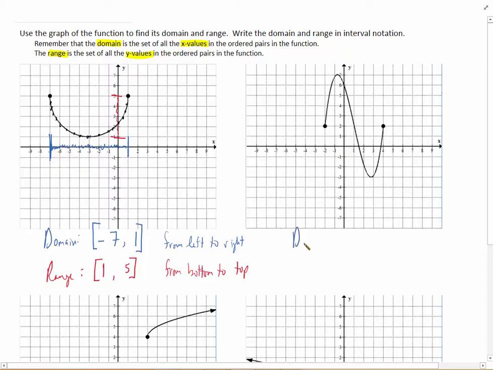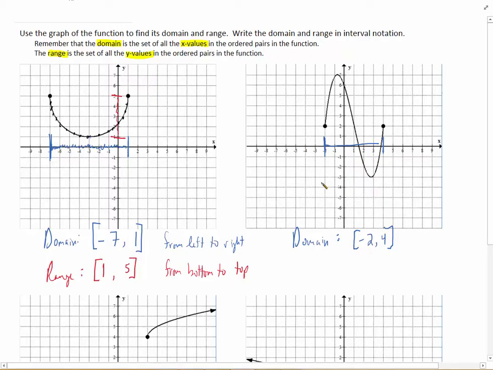For the domain, from left to right, the minimum x value is -2. The maximum x value is 4, and it's connected in between. So the domain is [-2, 4], with brackets on each endpoint.